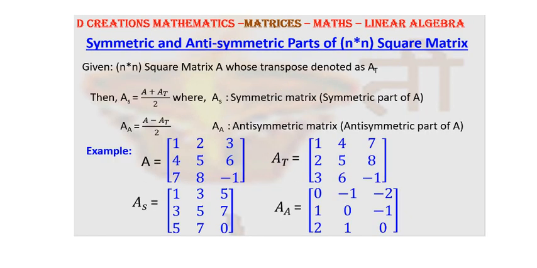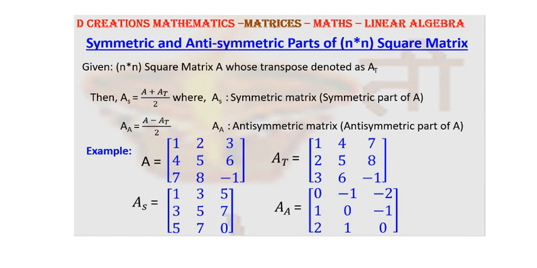Now let us come to the important part which we wanted to discuss. If it's an n by n square matrix A, and its transpose is denoted as A transpose, AT, then in order to find its symmetric part and antisymmetric part, which we will denote as AS and AA respectively, we need to do a little bit of algebra.